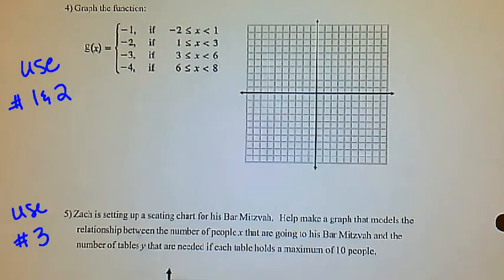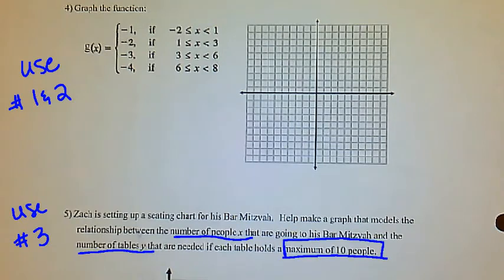So just to show you, a maximum of 10 people. So Zach is setting up a seating chart for his bar mitzvah. Help make a graph that models the relationship between the number of people, which goes on the x-axis, and the number of tables, which goes on the y-axis. So we're only going up to 10 people.